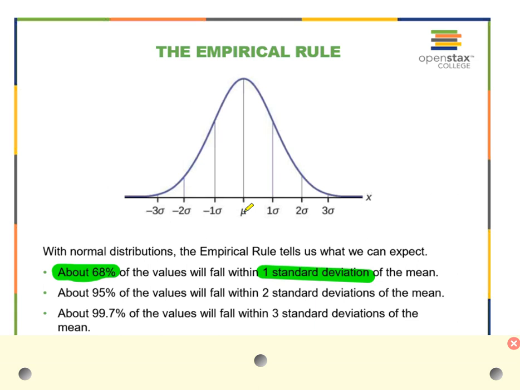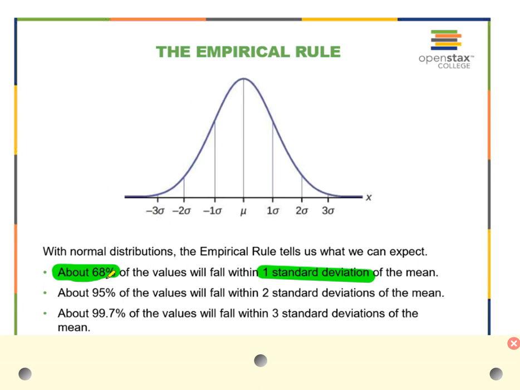So if you go from the mean to one standard deviation out this way and one standard deviation down, then you'll have approximately 68% within this region here. And so if we were to find the area in between those two, it will be about 0.68 as a decimal.